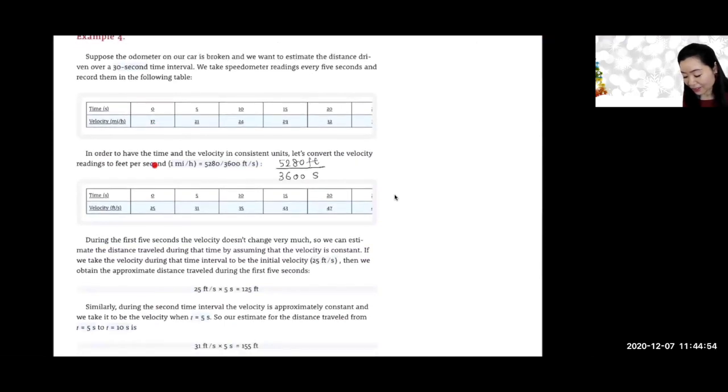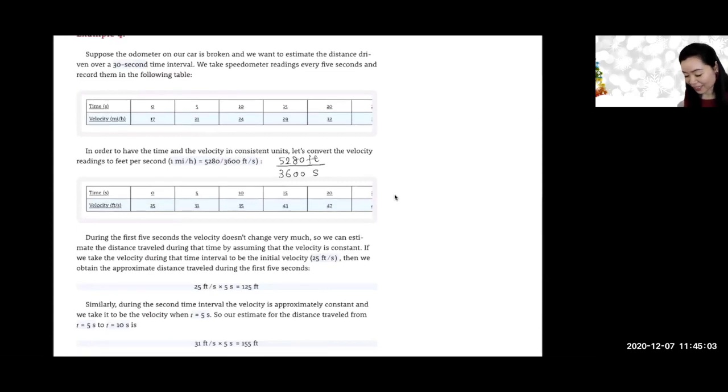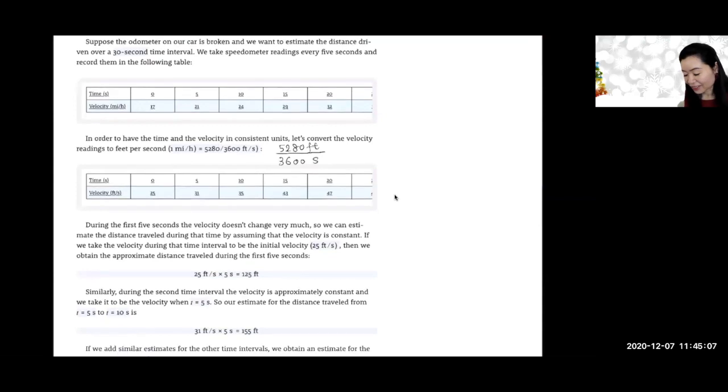In order to have the time and velocity in consistent units, let's convert the velocity reading to feet per second. You're going to convert miles into feet per second. They did the conversion for you. So every 5 seconds you read the reading, and this is in feet per second. So that will be the velocity at that time.